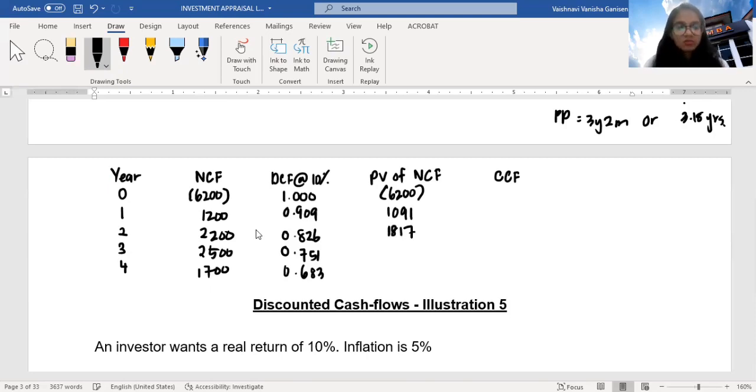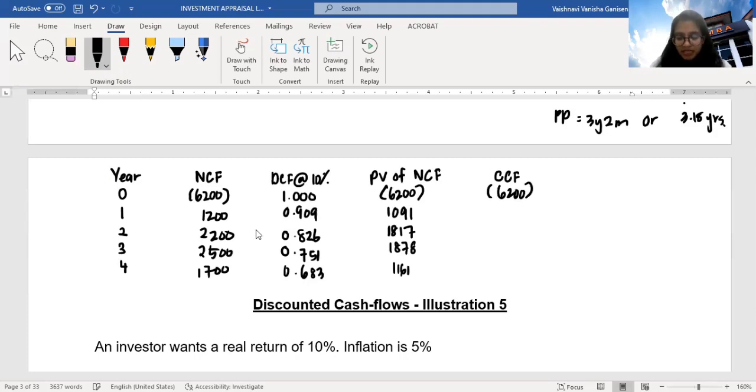But what is important is conceptually you understand what's happening. 1878, 1700 multiply 0.683, 1161. Okay, now cumulative cash flow, let's just hope and pray that it becomes positive, which I have a feeling it's not going to be positive.